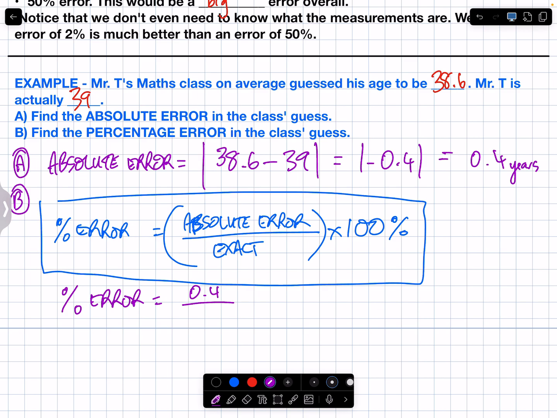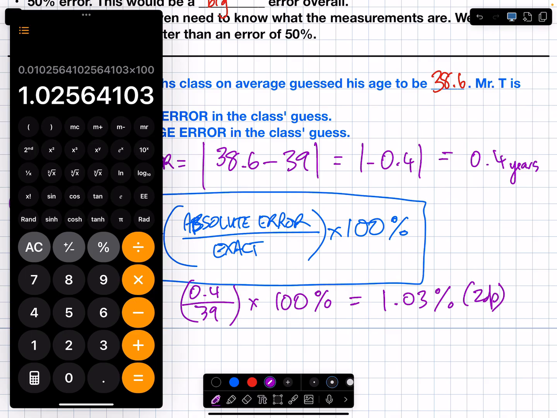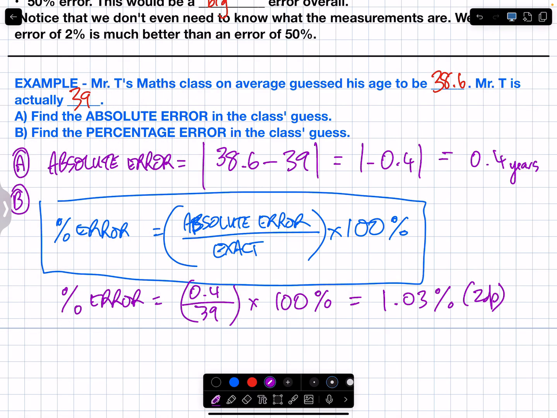How old am I supposed to be? 39. You find the answer to that and you times it by 100%, which means you just put a percent sign there. So you go 0.4 divided by 39, times that by 100. You are only out by 1.03%, so 2 decimal points. That's good. I'll stop the recording there.